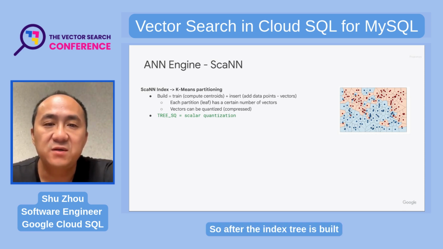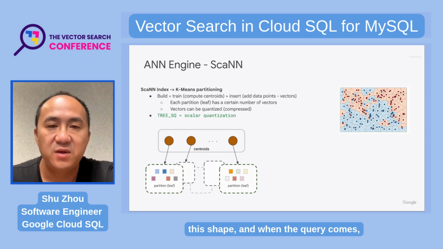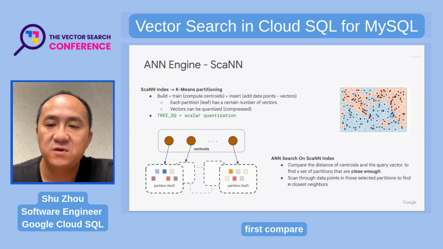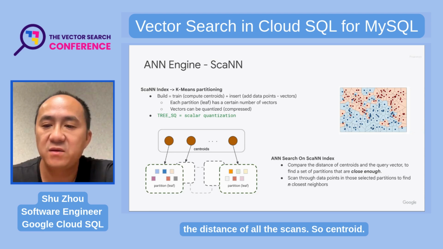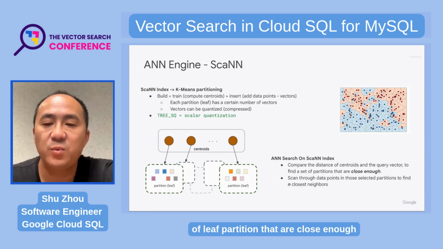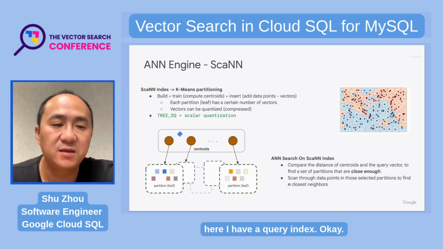So after the index tree is built, like this shape, when a query comes, Scan will first compare the distance of all the centroids and the query index to find a set of leaf partitions that are close enough to this query index. For example, here I have a query index.